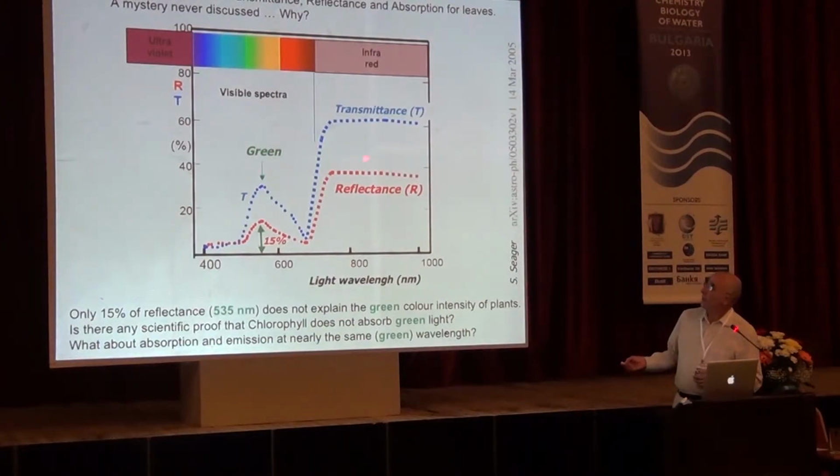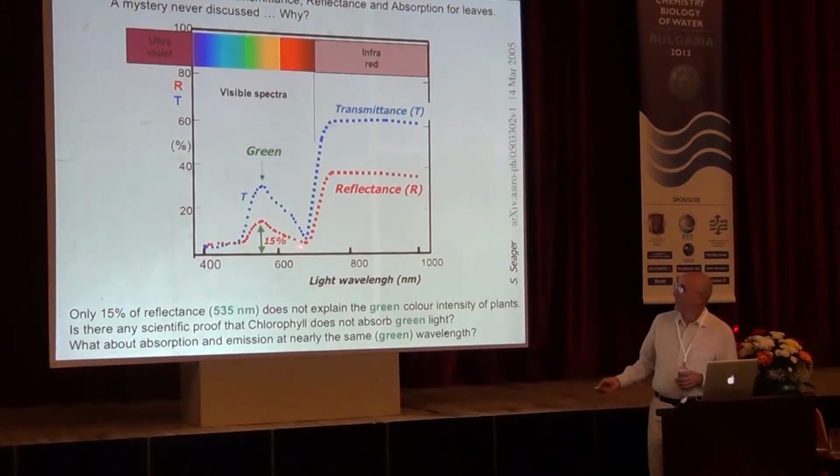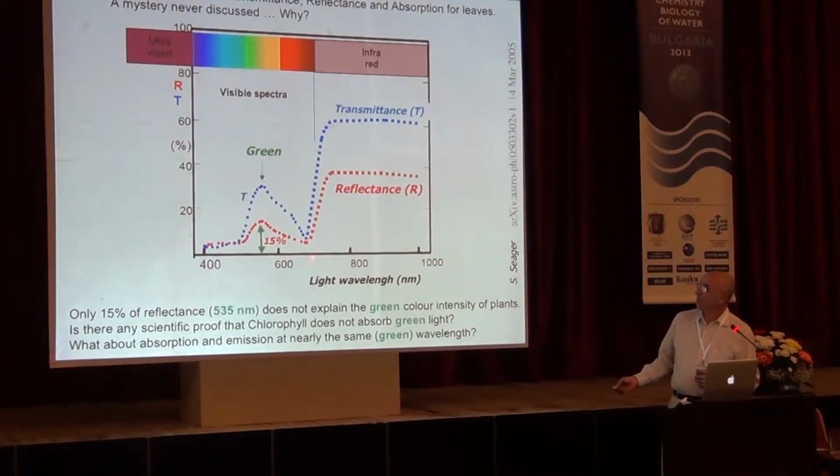So these are the reflection and transmission experiment from blue here, or near ultraviolet, up to the green color here. You have this quantity here, this quantity here.